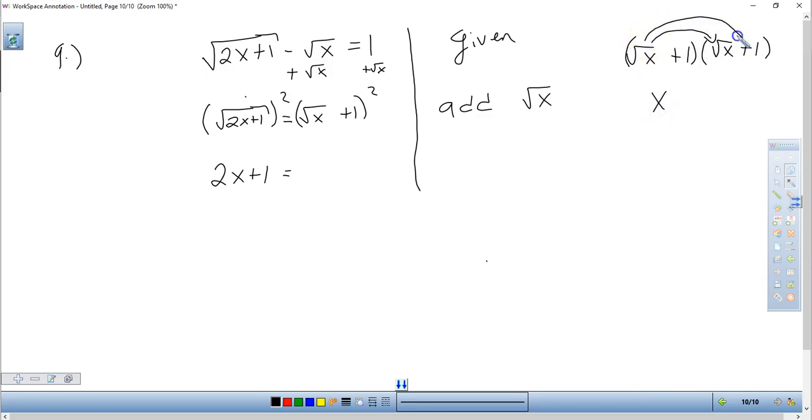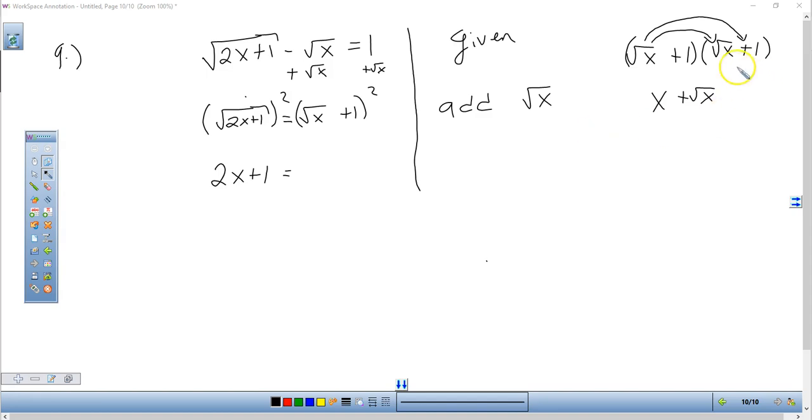Square root of x times 1, well, that's the square root of x. 1 times the square root of x is another square root of x. 1 times 1 is 1. That means we have x, we have two of these square root of x's, and I've got plus 1.